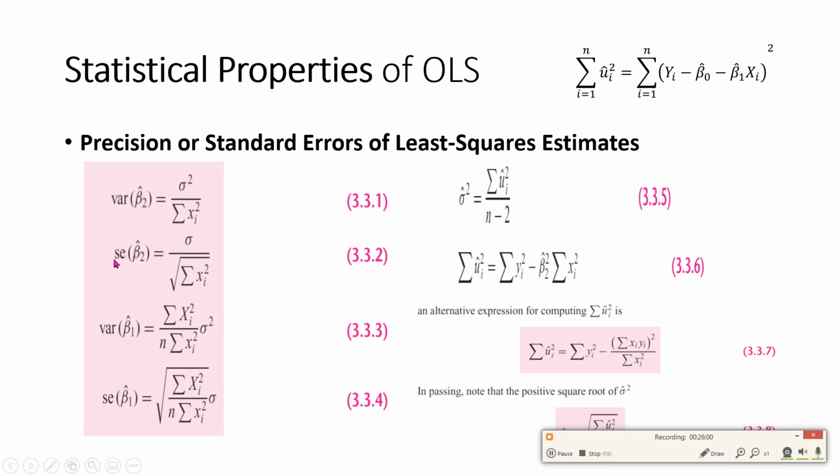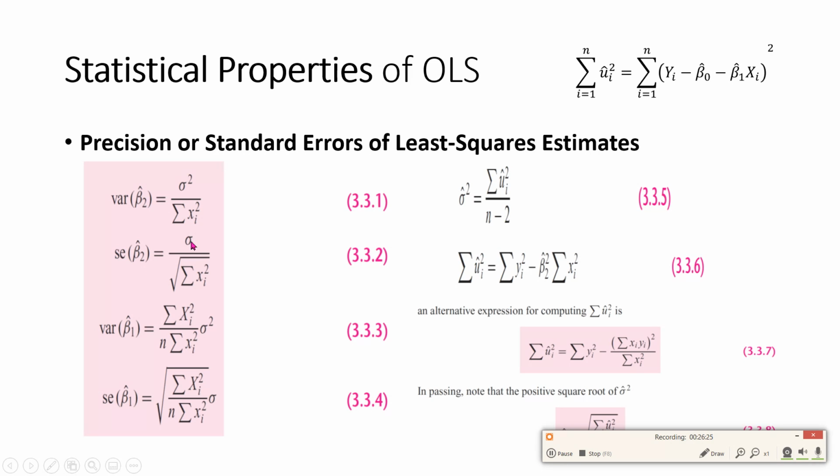Remember that we are dealing with one random sample, so the value of beta 2 hat we get is a single value. The standard error gives an estimate of the expected variation in the values of beta 2 hat had we taken some other sample.